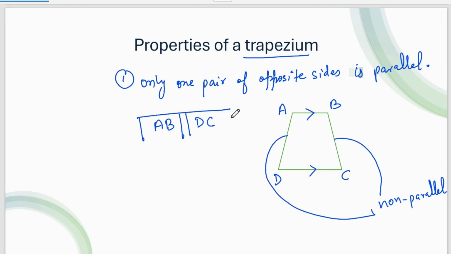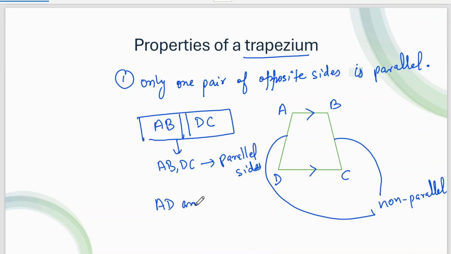That means AB and DC are your parallel sides, and AD and BC are your non-parallel sides.